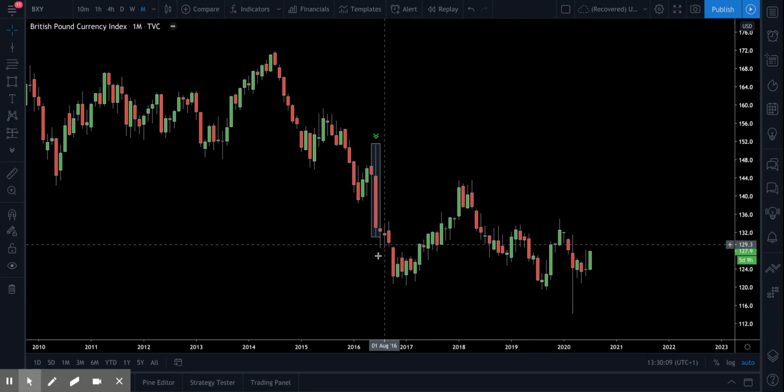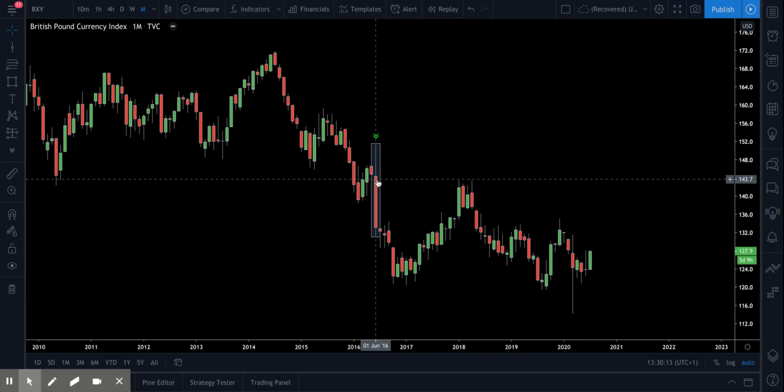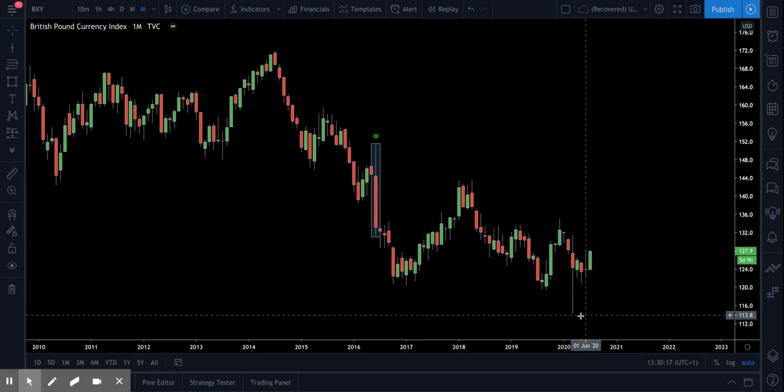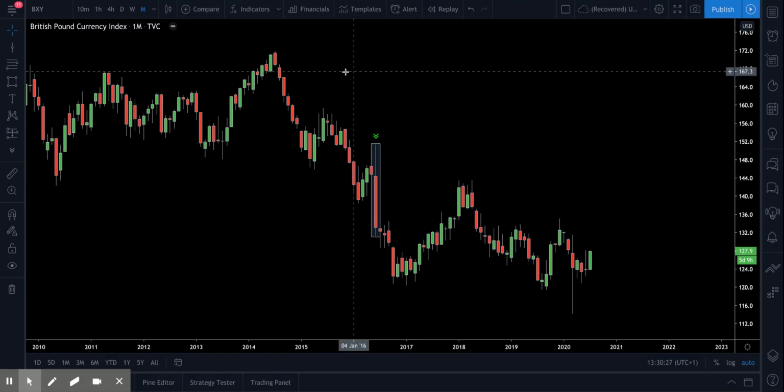Of course we do have pullbacks, as every market does, but for the past 4 years we have been trading in a downtrend, new lows, new lower highs. So yeah, cool. That's another example of geopoliticals there. This time the Brexit referendum and how it has negatively affected the pound.